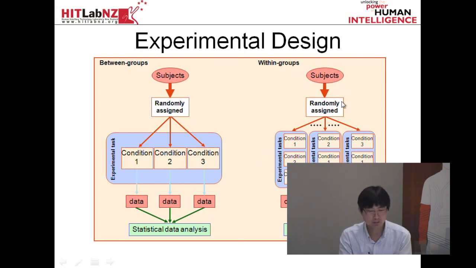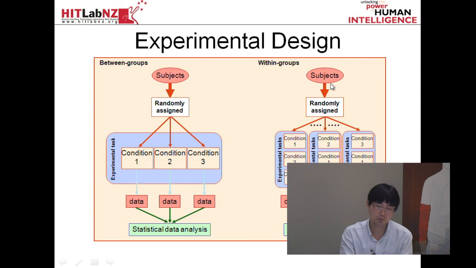In within subjects, you still do random assignments, but here it's not assigning each of the participants to each condition, it's assigning them to different orders of conditions. Okay? These orders you can define based on the Latin square design. So here you can see the first case is trying condition 1, 2, 3 in this order. The second is trying condition 2, 1, 3. The third one is trying 3, 1, 2.